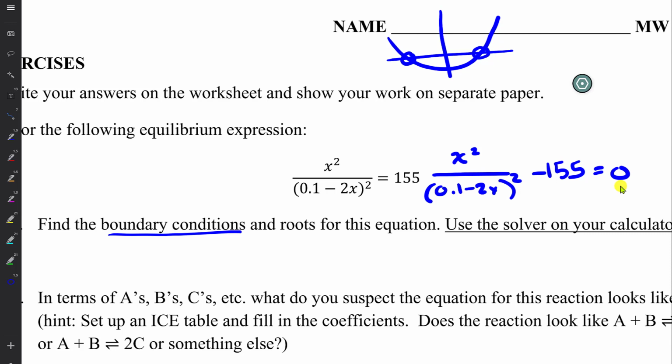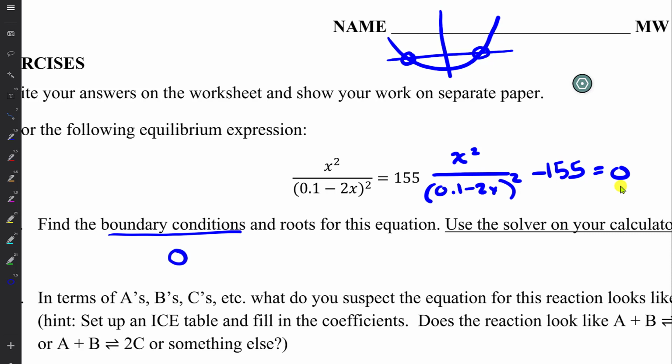So this term, boundary conditions, refers to the values which give you valid roots for a particular type of problem. In the chemical equilibrium problem, those values always have to be greater than 0. So the left boundary condition is 0.